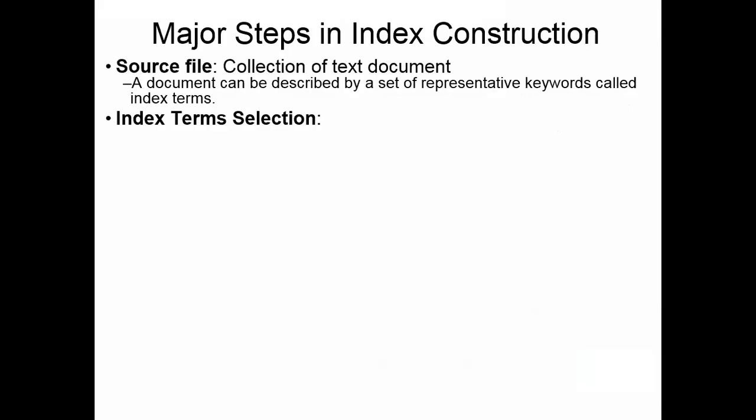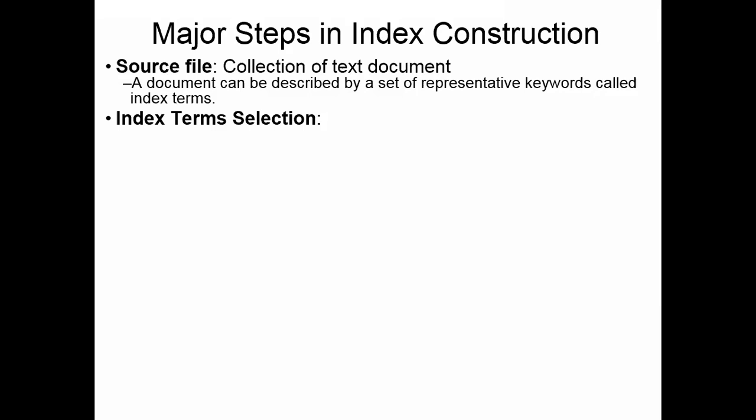The major steps that we follow in index construction are, when we attempt to index, first of all, we have to collect the text documents. After collecting those documents, they have to pass through the index term selection step.